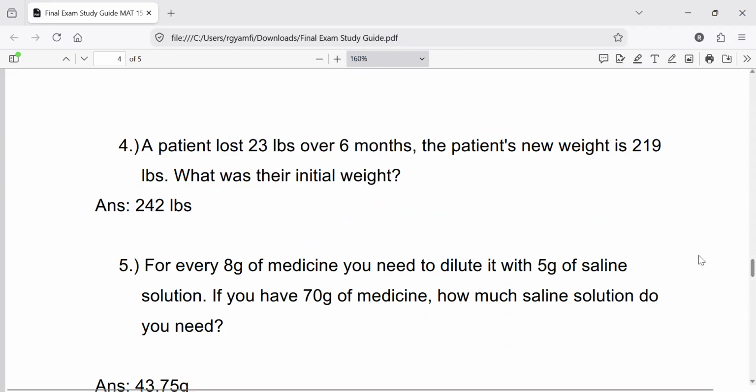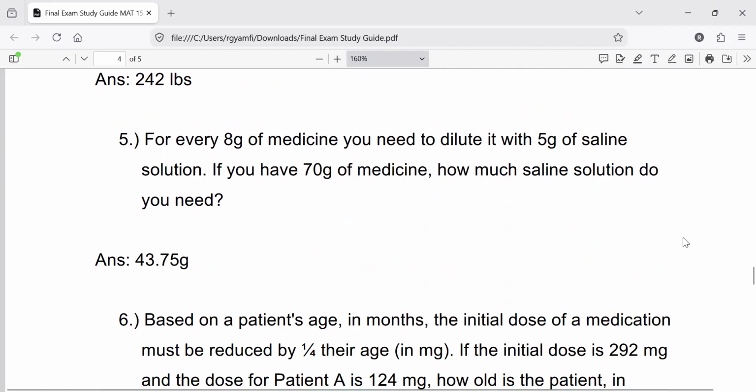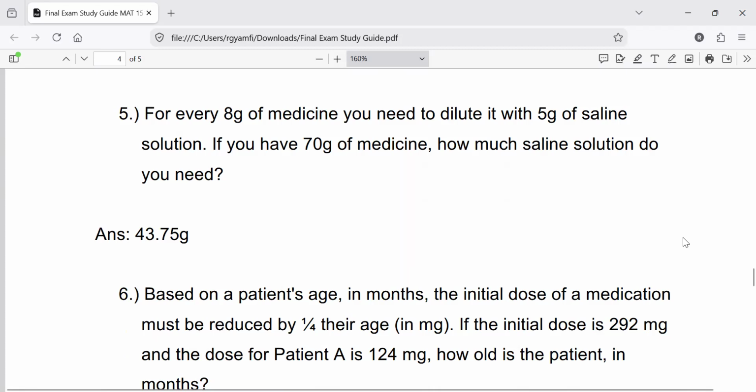All right. Number 5. For every 8 grams of medicine, you need to dilute it with 5 grams of saline solution. Again, as you read, write stuff down.